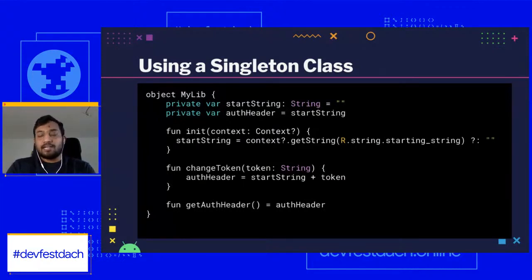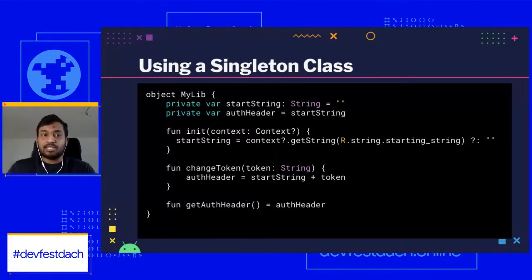We have the standard object as your singleton class, mylib, which has the start string, author, same stuff that we had, but our init function has now changed a little bit. We are now passing in a context, and this context is then used to retrieve a string from a strings.xml file. The change token and get auth header are the same.